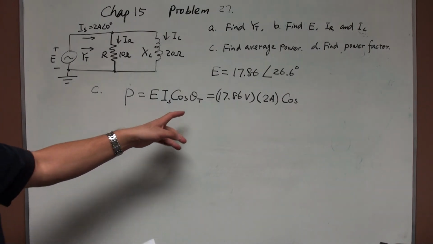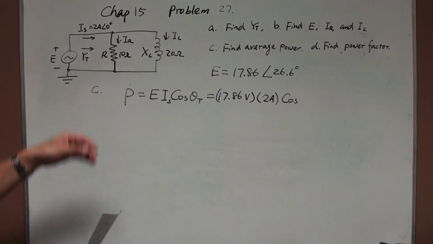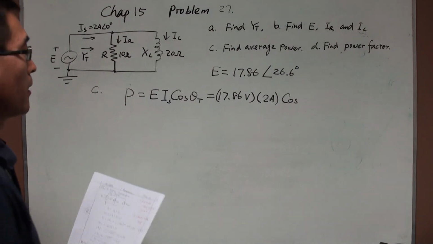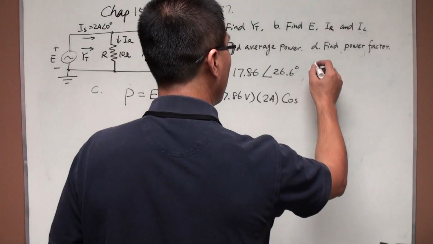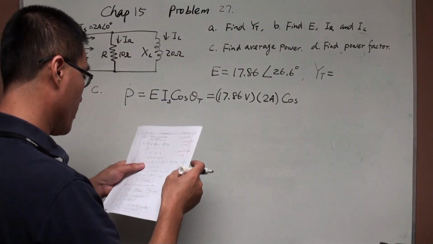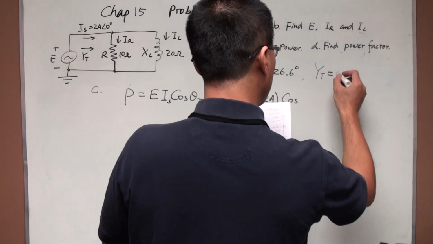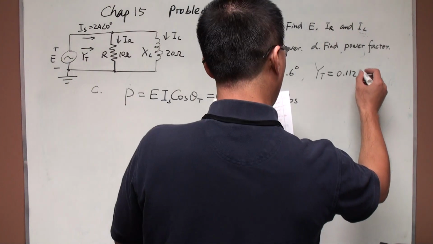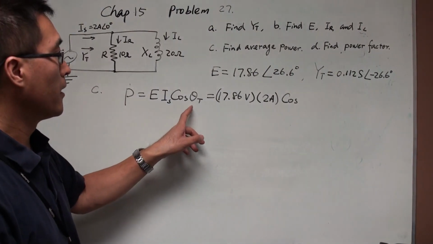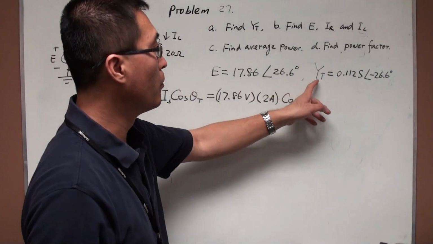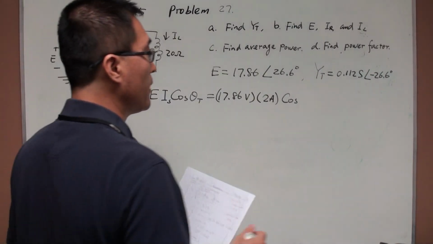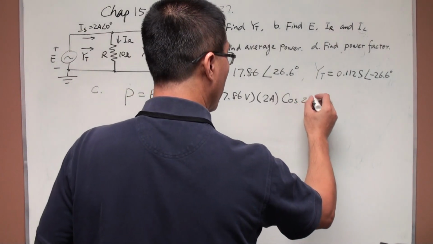Theta t is the angle for ZT. YT is 0.112 S with negative 26.6 degrees from the first step, and ZT is 1 over YT, so the angle for ZT is positive 26.6 degrees.